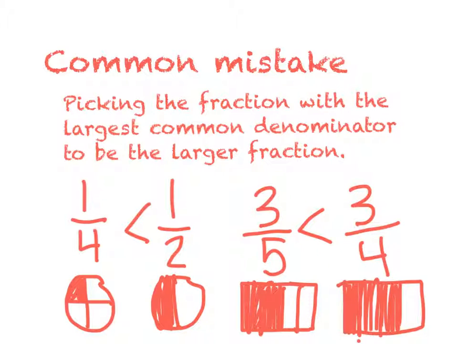And see, this one has the same numerator, so you might think, oh, since 5 is bigger than 4, and the numerators are the same, 3/5 would be bigger than 3/4. But that's actually the opposite. Because as you can see, 3/4, when shaded in, is bigger than 3/5. So this is another example of how you cannot judge a fraction solely by the common denominator.